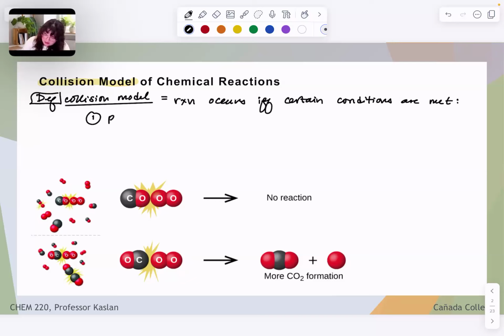So the first is that our reactant molecules, and you know what, let's just call them molecules, or if we're looking at a monoatomic gas, they must first collide. So they've got to smack into one another.